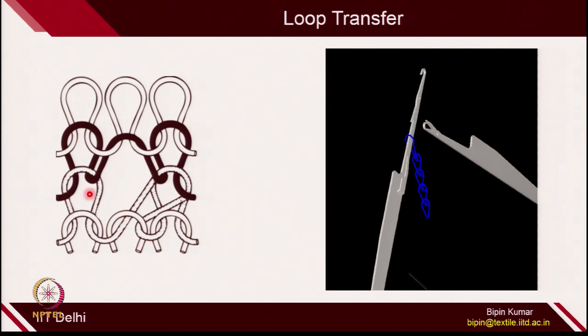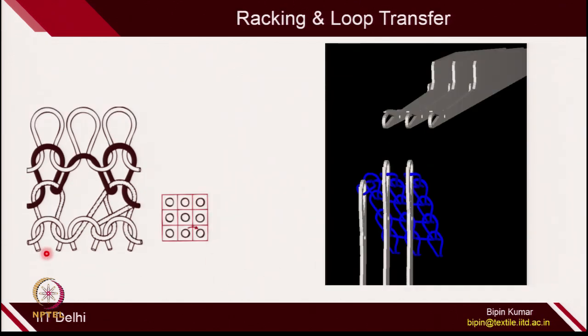For example, if you want to see the animation of how these loops have been created, you can see it here. In this first course, the second loop is transferred to the next column, and then you have created another 3 back loops and another 3 back loops. This animation is shown here.